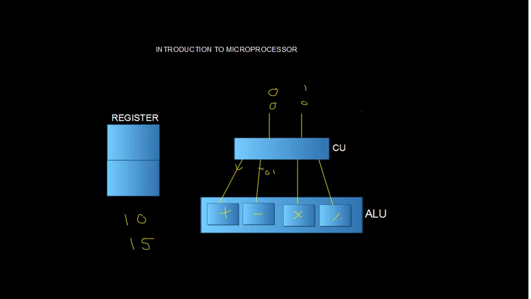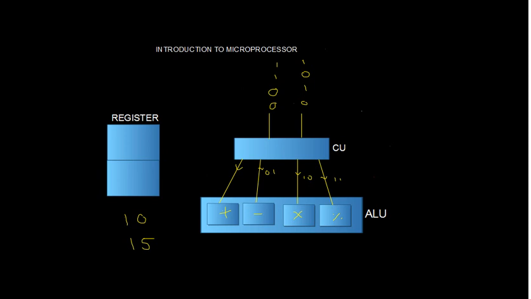If you give here 1 0, then the high signal will go to the multiplier circuit, and multiplication operation is done on these operands. If you give here 1 1, then high signal will go to the divider circuit, and division operation is done.